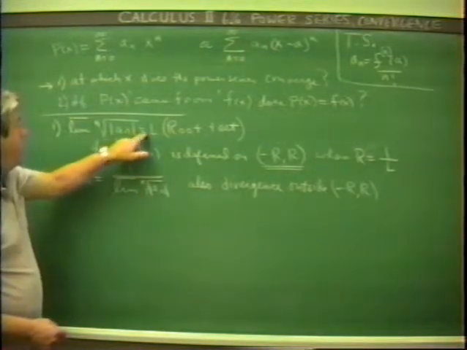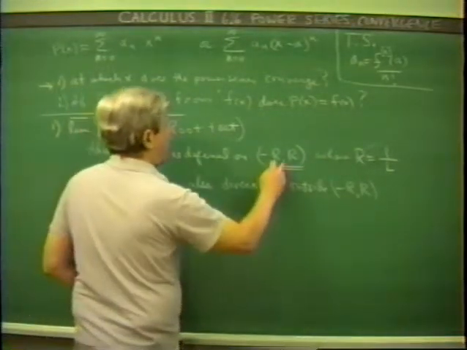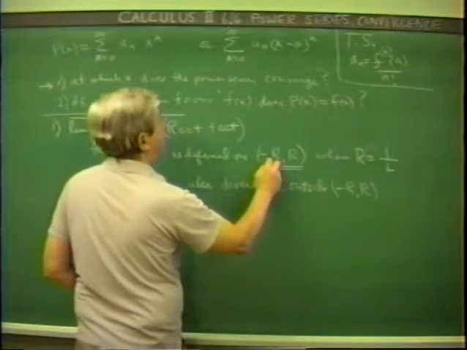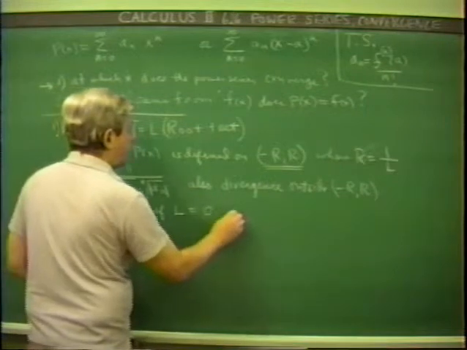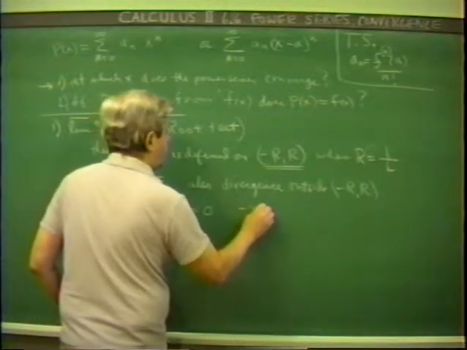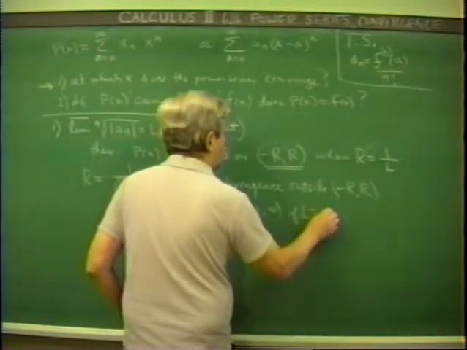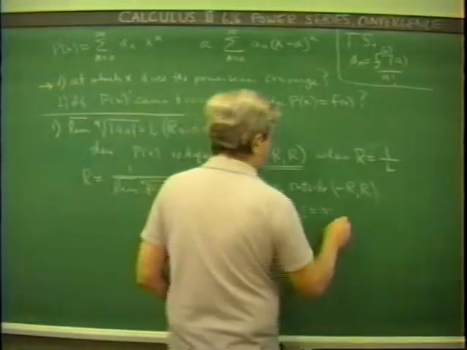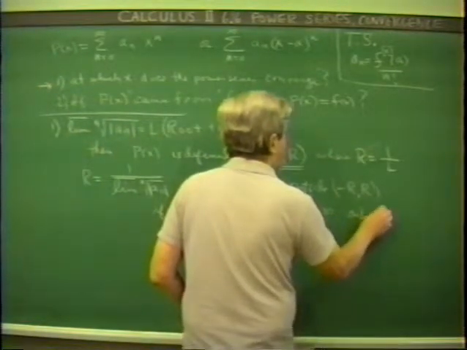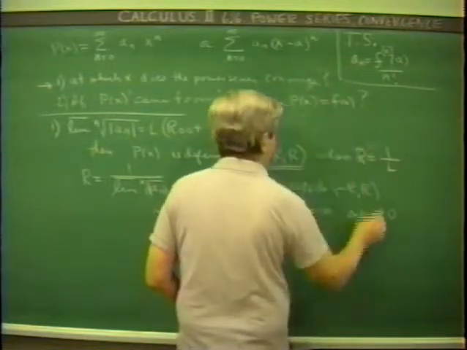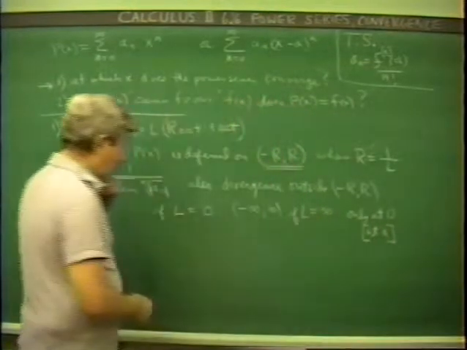Now if this limit of the nth root of the absolute value of a_n is 0, then r is infinity, and you've got convergence on minus infinity to infinity. If L is equal to infinity, then you only have convergence at the single point 0, or if you're looking at this one here, at the point a.